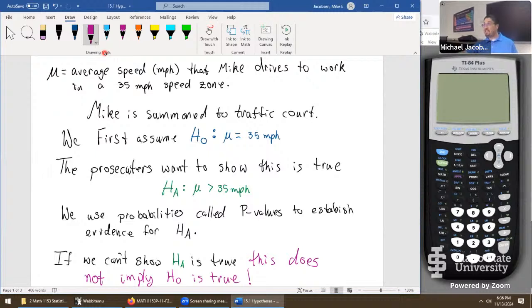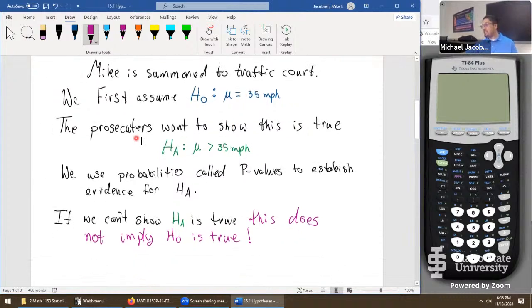That's a really weird statement. In hypothesis testing, we're never trying to prove innocence. We're just trying to see if we have enough evidence to say Mike is guilty as hell, he should be locked up. If we can't find that evidence, it doesn't mean Mike is innocent at all.